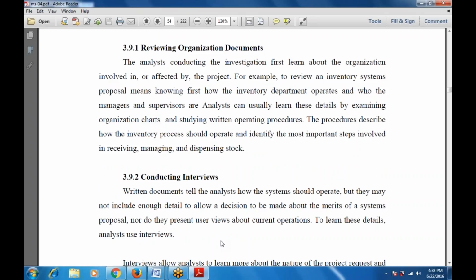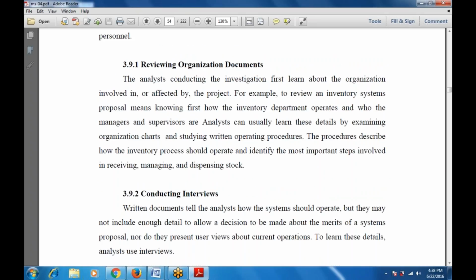Next one is conducting the interviews. First is reviewing the organization's documents; the next one is conducting the interviews. Conducting interviews means interviewing the users to learn what the users demand or need.